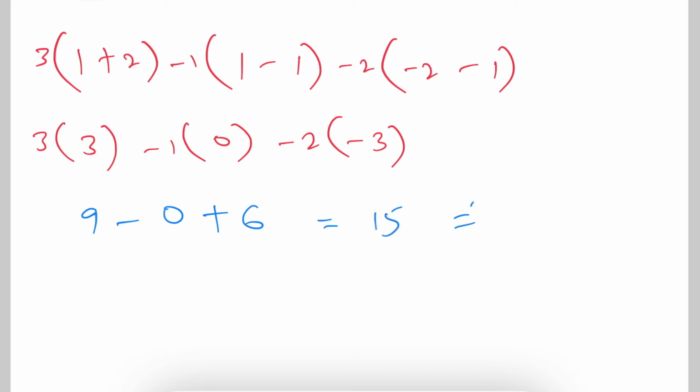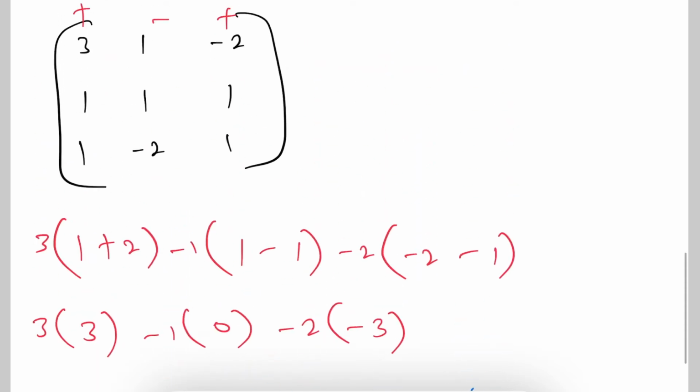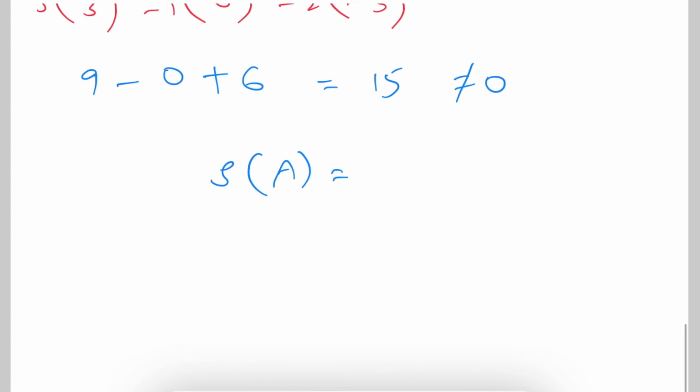So the determinant of the matrix is not equal to 0, then the rank will be equal to the number of rows. So here the number of rows is 3, so the rank is also 3. So if the rank is 3, then the system has the trivial solution. It means x equals y equals z equals 0.